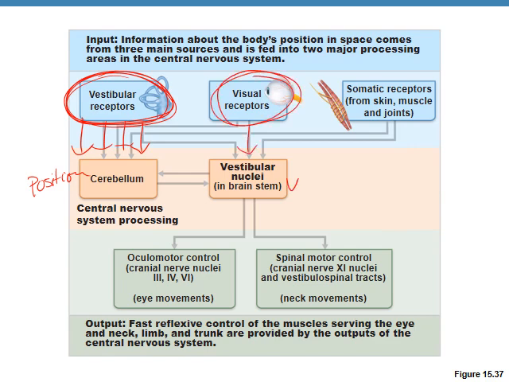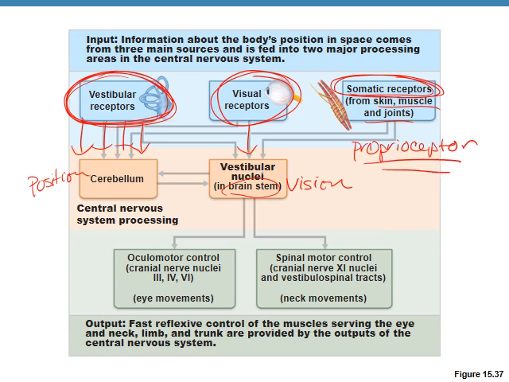Your eyes are supplying vision, what you see, to your brainstem. And then if you remember your somatic receptors, so you scan your muscle and joints, proprioceptors. Do we remember those guys are always sending signals to your cerebellum so that you know about your muscles, whether they're contracted, whatever their state is.